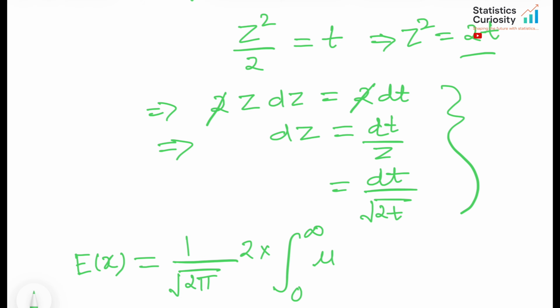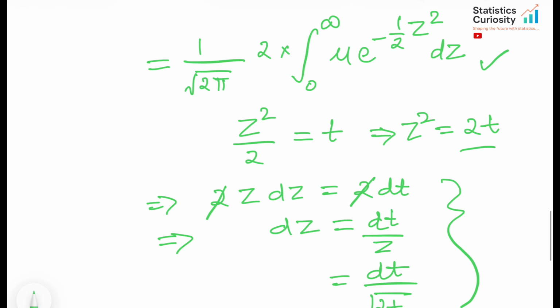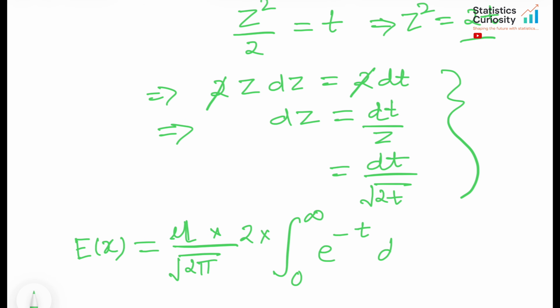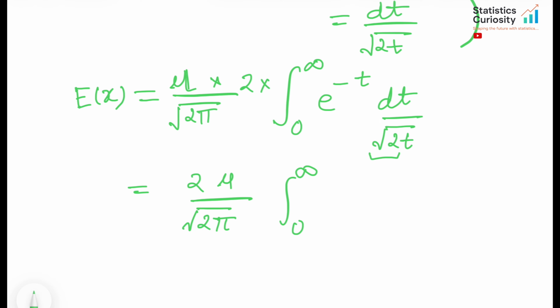Mu is also a constant, so you can keep this outside the integration, you can write it here, mu into 2. It will give you e raised to the power minus t, and what is dz? Dz is dt divided by square root of 2t. This square root of 2 and this square root of 2 will become 2, and they will cancel this 2.